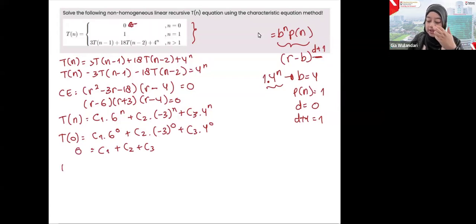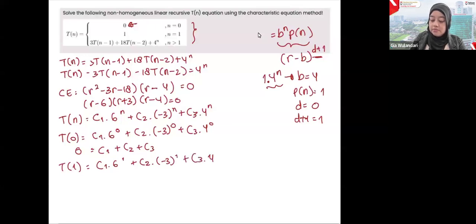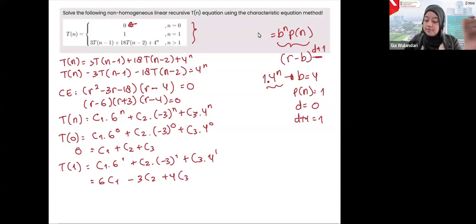And for T1, it must be C1 times 6 to 1 plus C2 times minus 3 to 1 plus C3 times 4 to 1, or we can write it as 6C1 minus 3C2 plus 4C3, and it must equal 1.